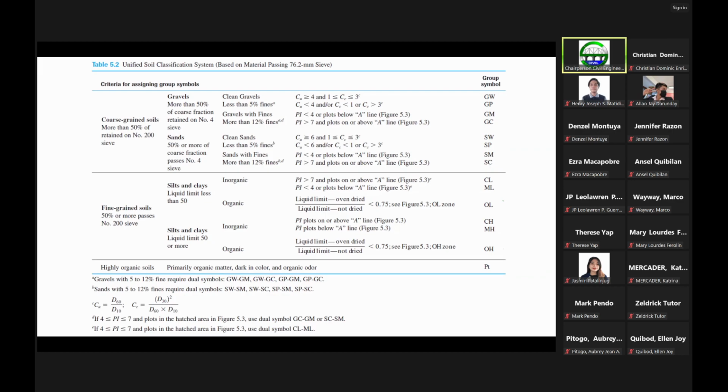Normally in practice, we also do organic tests, in such a way that we can check how organic the material is. We have a certain cutoff for the organic content, so that we can still consider it as inorganic, or highly organic material. If the site is highly organic, then we try to do soil replacement as part of our ground improvement works.